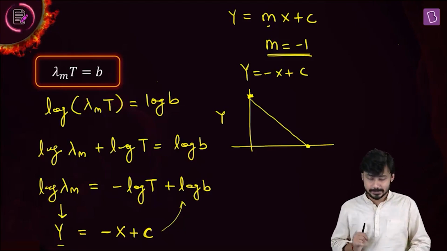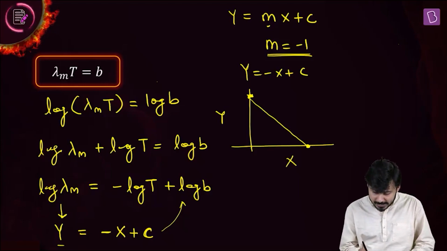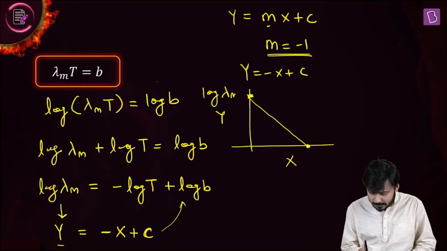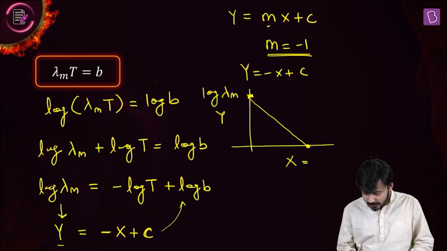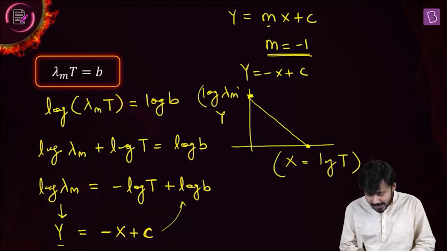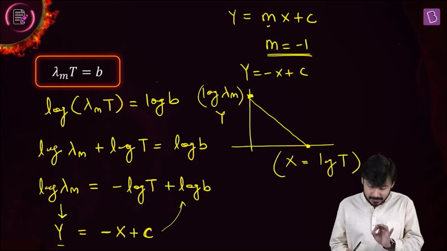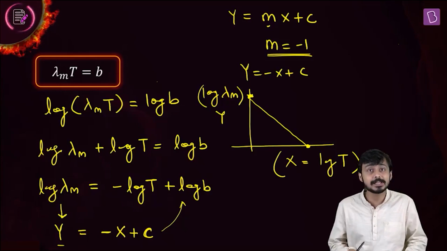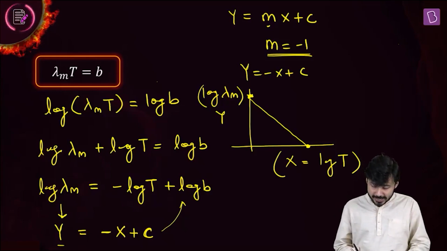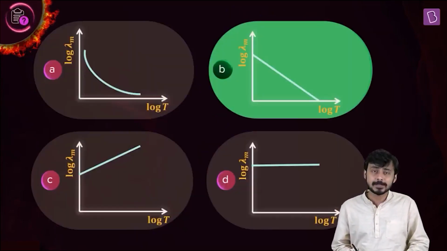And y is my log of lambda m and x is my log of T. So log of lambda m versus log of T will be a straight line with a negative slope. Let's look at the options. Option B will be the correct option in this case.